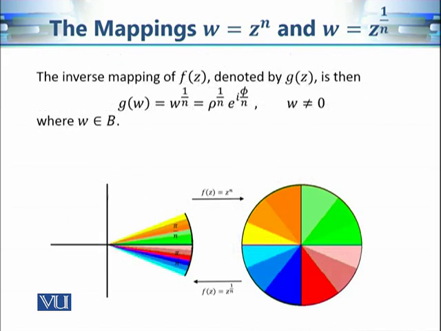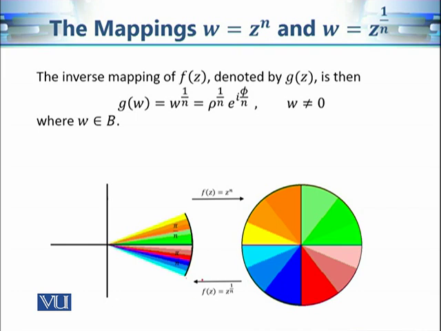Now if we restrict the domain of this inverse map to the whole unit disk, just like when we applied this z raised to power n on this sector, we got this whole disk. And if we apply this inverse mapping, the nth root mapping, on this whole disk, then we will get this sector, making an angle pi by n on both sides of this real axis.